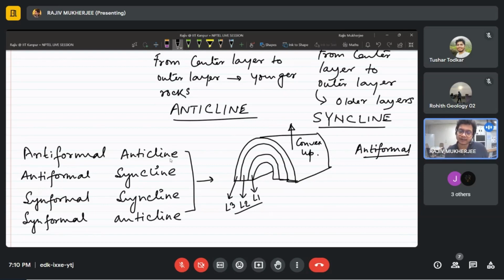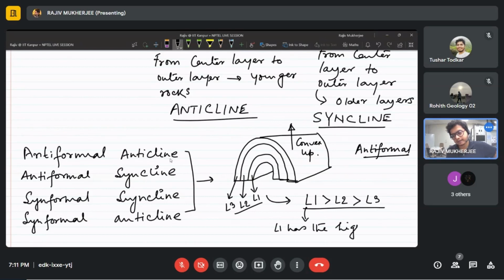And if we observe that L1 is older than L2 and older than L3, which means L1 is oldest and L3 is youngest.